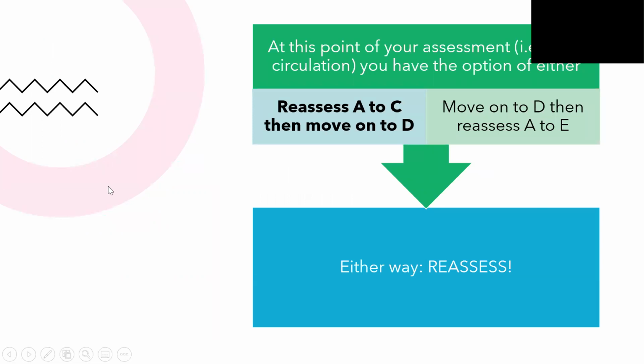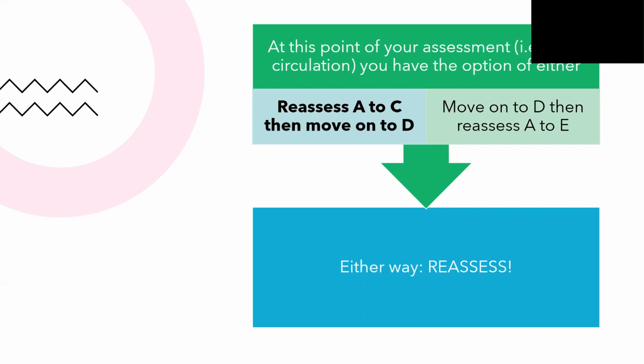So at this point, after assessing circulation, you can either reassess airway, breathing, circulation before moving on to disability, or you can move on to disability and then exposure and then come back to A to E. But either way, reassess.